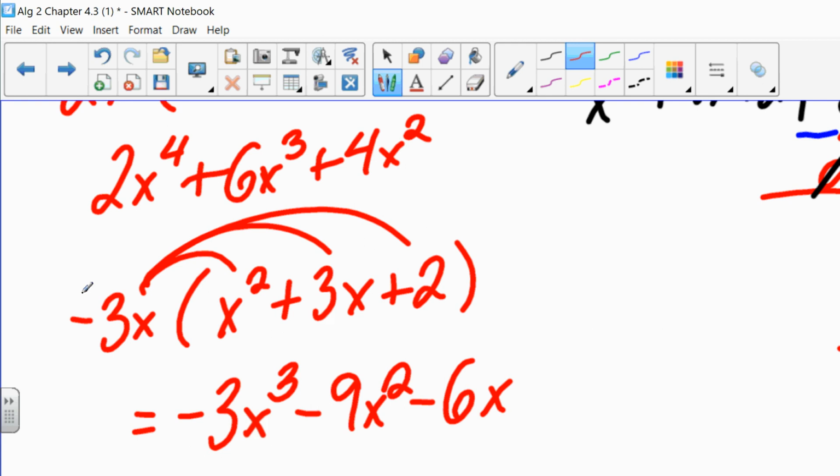So lastly, we're going to multiply, do 5 times x squared plus 3x plus 2, which will give us 5x squared plus 15x plus 10.